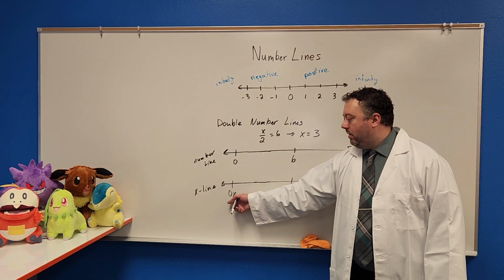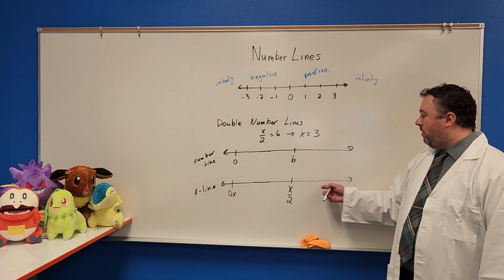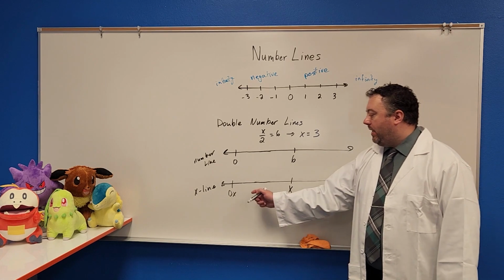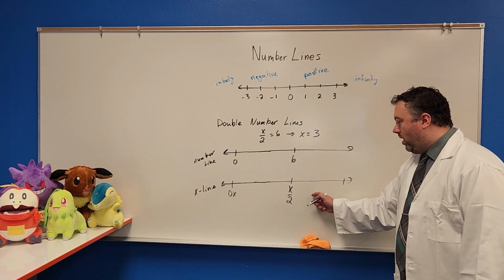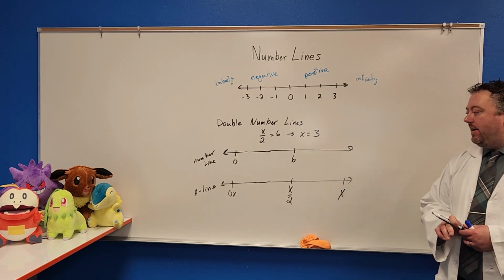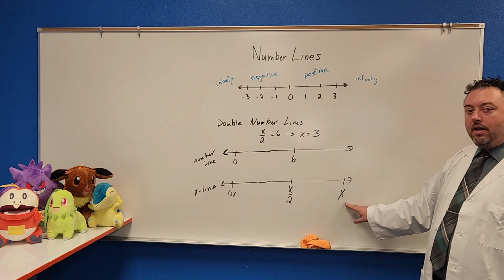So from 0 to here is only half an x. So if I was to go out further, out to here, I would have 1/2 x, 1/2 x, which would make a whole x. So if I double this distance away from 0x, I'll end up with x.